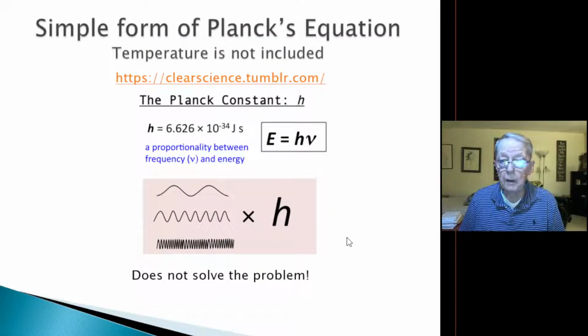Well, Max Planck steps into the picture in 1900. He develops his initial equation where temperature is not included. And many of you have seen this: the energy of the light is equal to Planck's constant times nu, being another way of saying frequency.